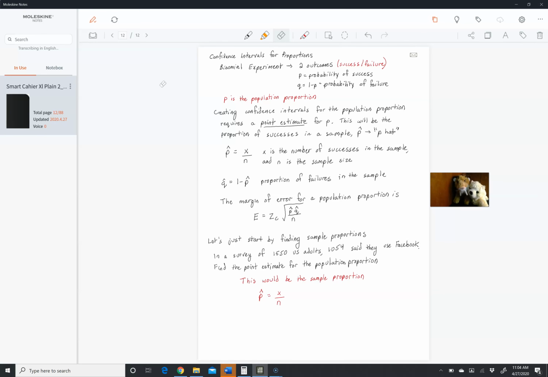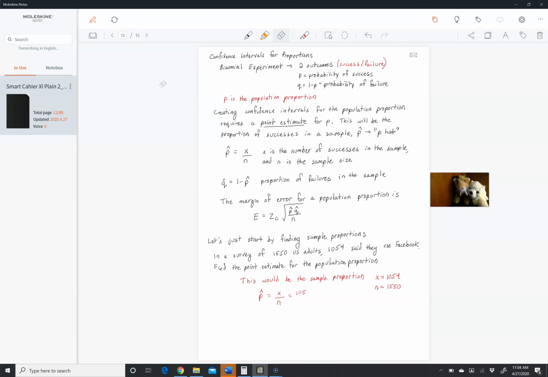Well, we need to figure out what x is. X is the number of successes. There are 1,054 successes, 1,054 people who said yes, we use Facebook. And then n is the sample size, the number of people who were asked, which is 1,550.